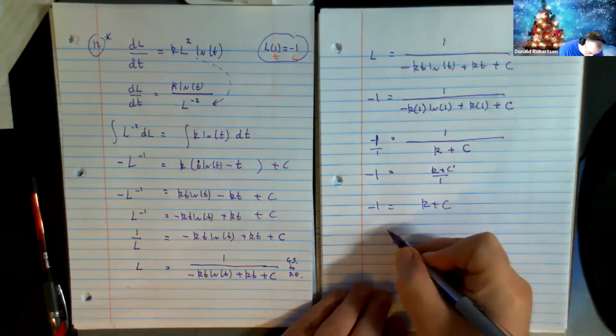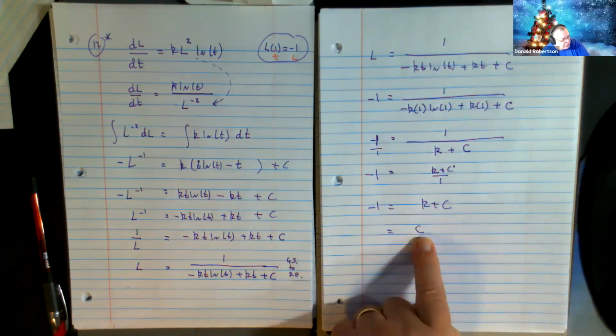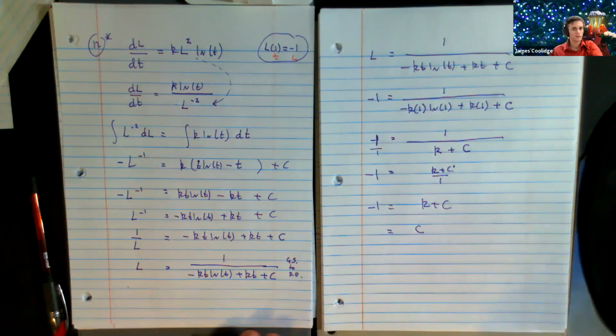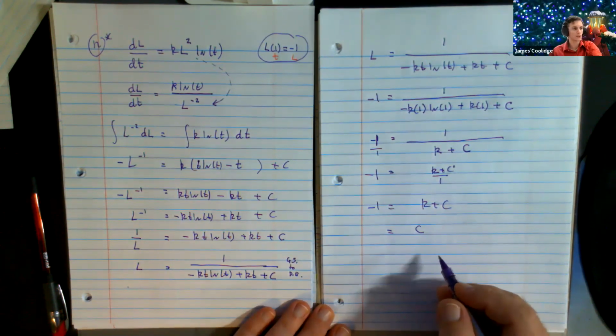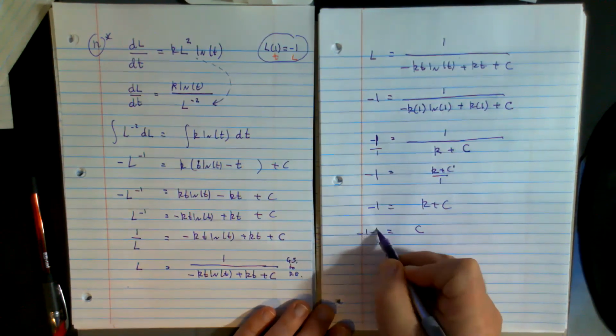And to get c then, what do we do next? Don't overthink it, it's pretty straightforward. What do you do to get from there to there? Take away k from both sides. Negative k minus 1. Okay.